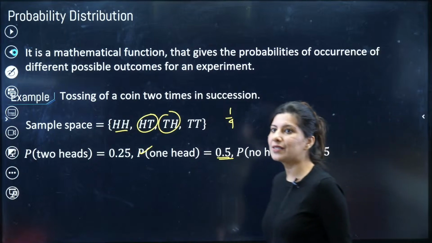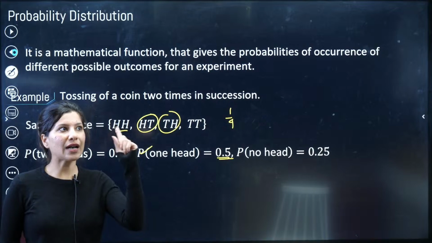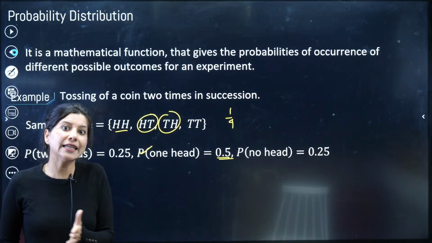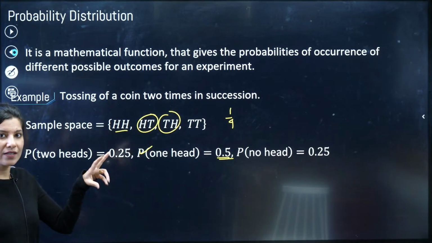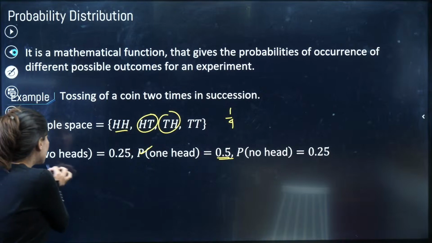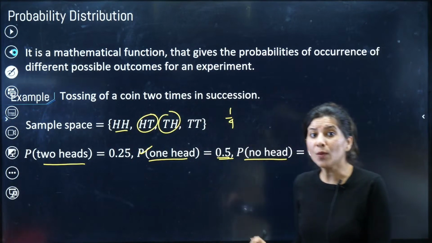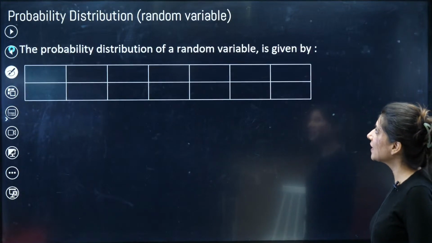So in a probability distribution, first of all, we think about the random variable and what values it can take. Depending upon those values, 0, 1, 2, so X equals 2, X equals 1, X equals 0, we calculate the probabilities and then we make a table out of it.